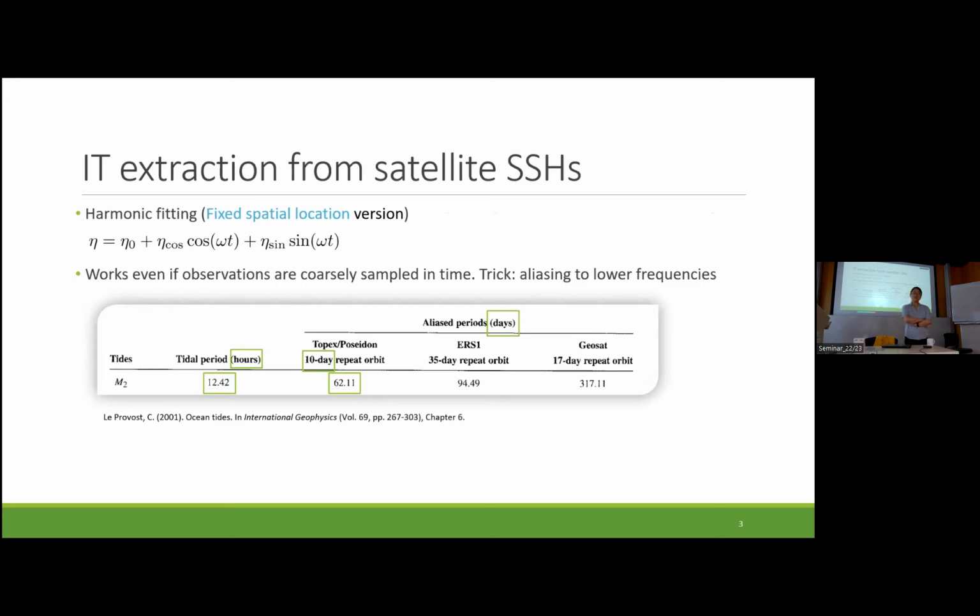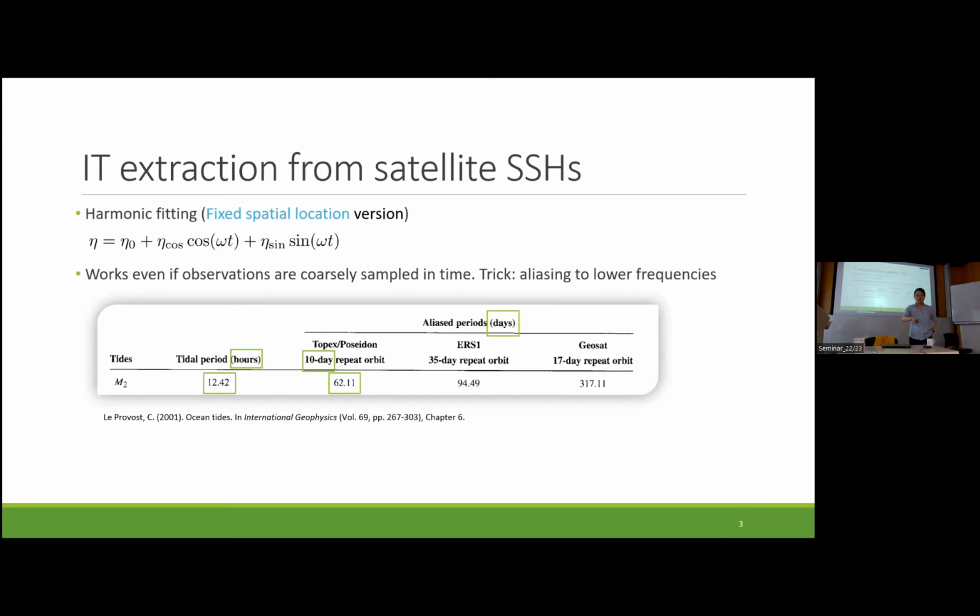it has been extracted from satellite sea surface height observations is through this group of methods called harmonic fitting. The main idea is very simple. Suppose you are focused on a fixed spatial location, then you are regarding the sea surface height, which I will refer to as SSH from now on, as simply a harmonic series. So here, eta is what we denote as the sea surface height.